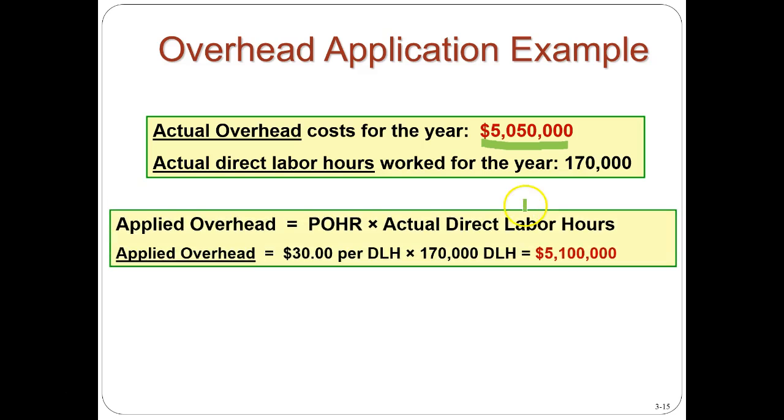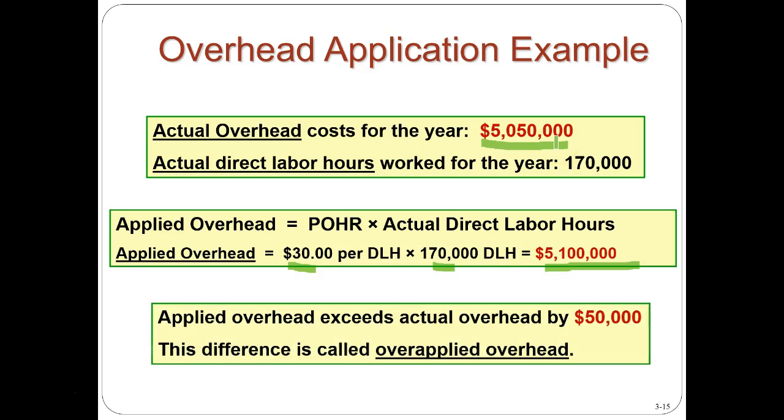So for applied overhead, we used this $30 rate times the 170, and we applied out over the year 5,000,001 instead of 5,050,050, and therefore we've got this difference of the 50. This difference is called overapplied, and that's always going to happen because it's an estimate.